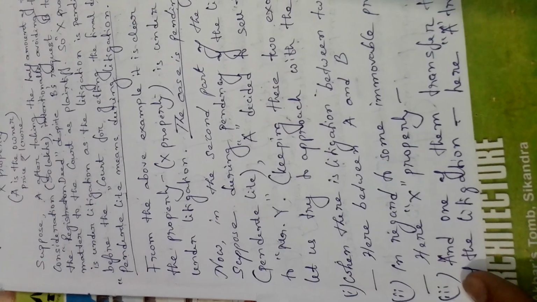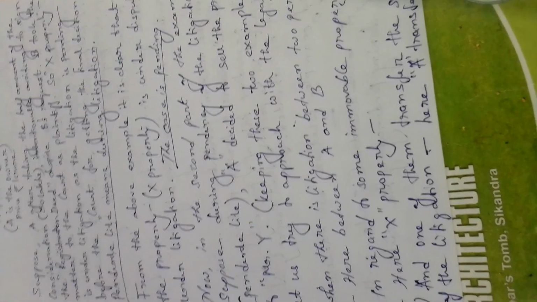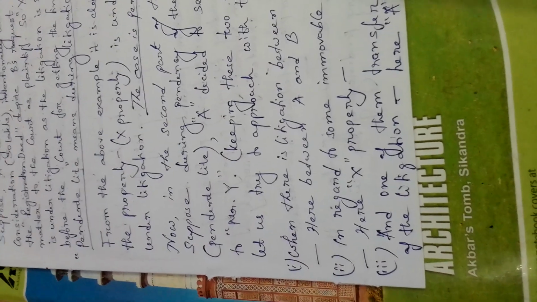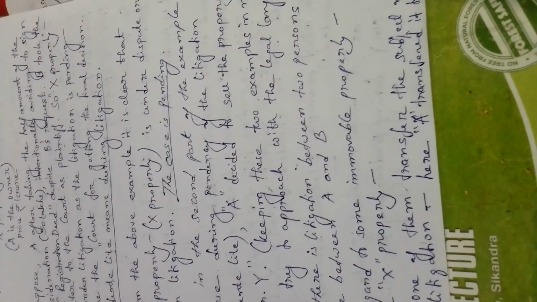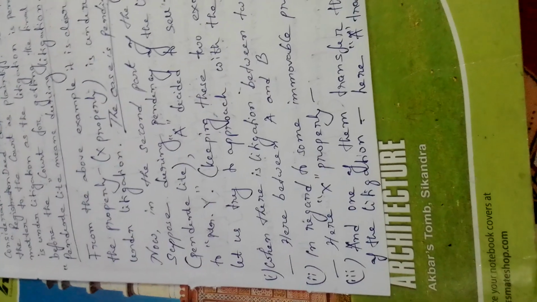So here between A and B, number 2, in regard to some immovable property. Yes, X property is an immovable property, isn't it? And 3, one of them transfers the subject matter of the litigation.